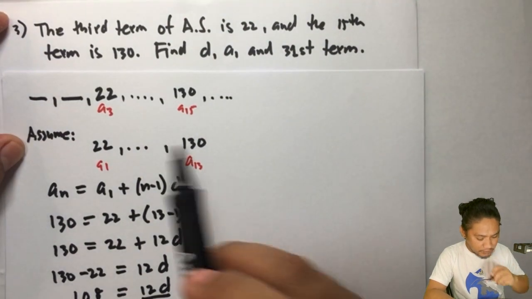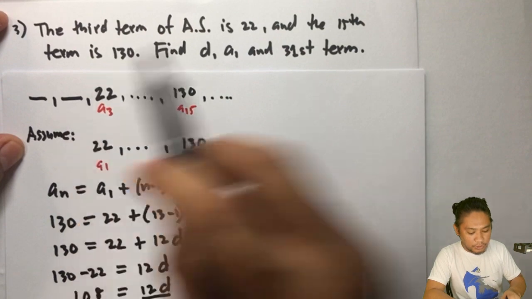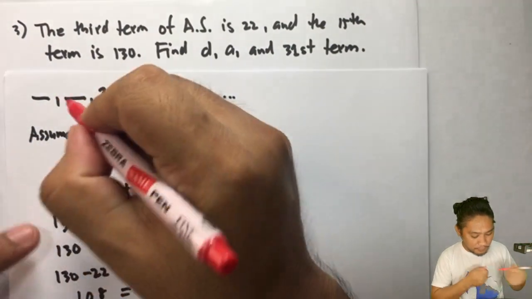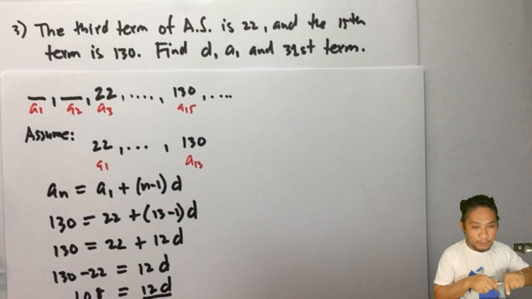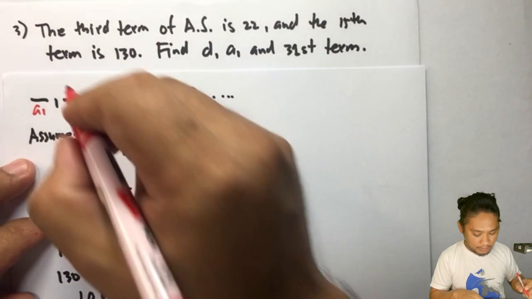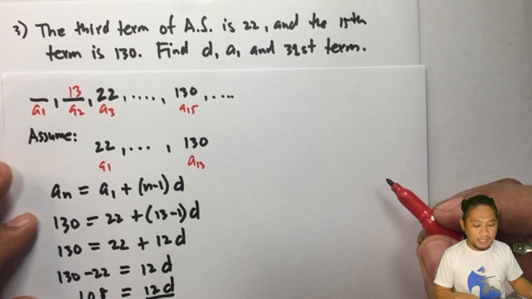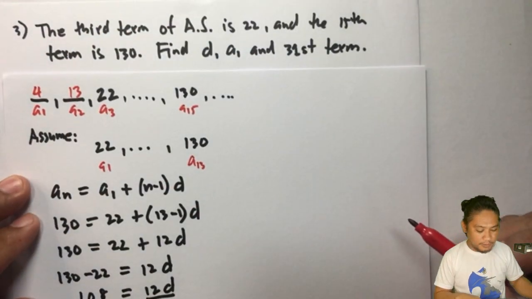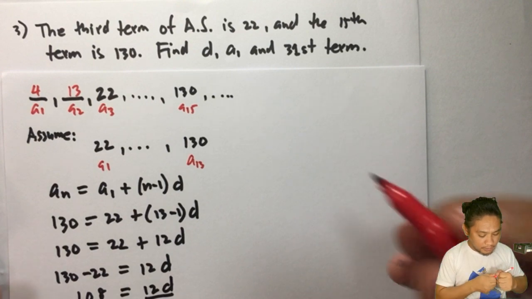We can just subtract 9 from the third term to generate the second term and also the first term. So 22 minus 9 is 13, and then 13 minus 9 is 4, and that is now our first term.